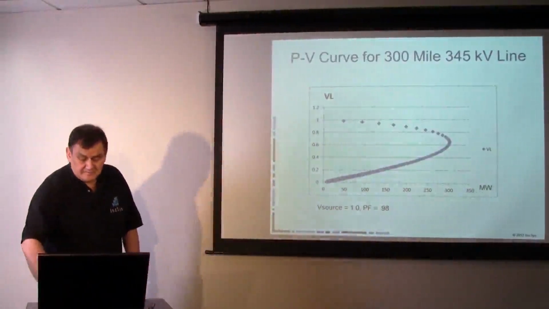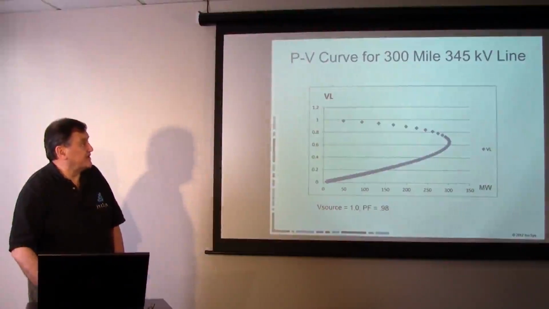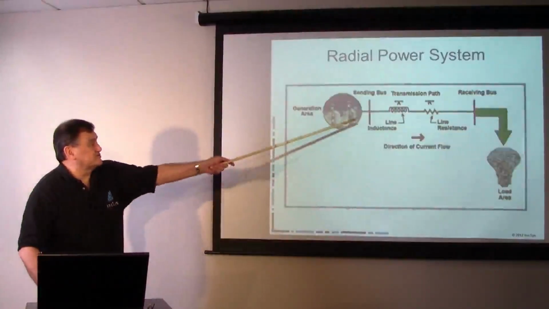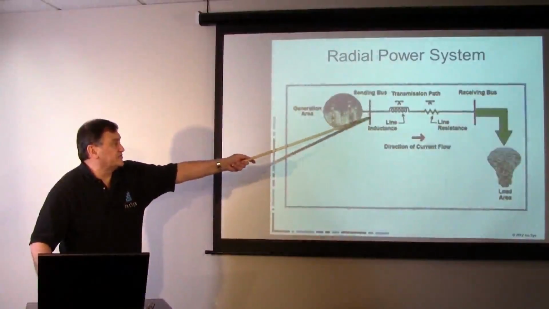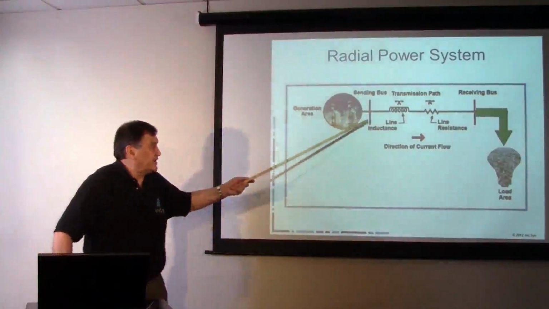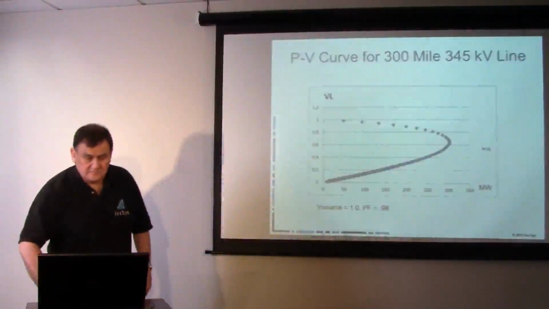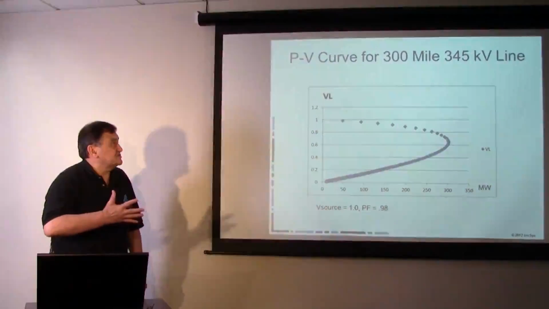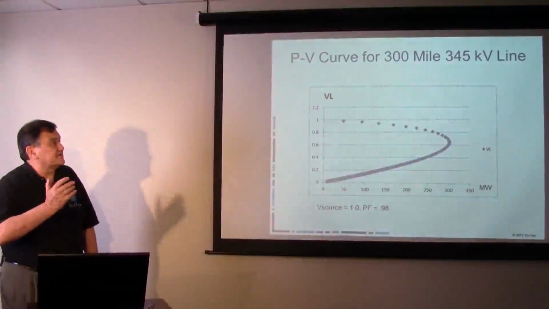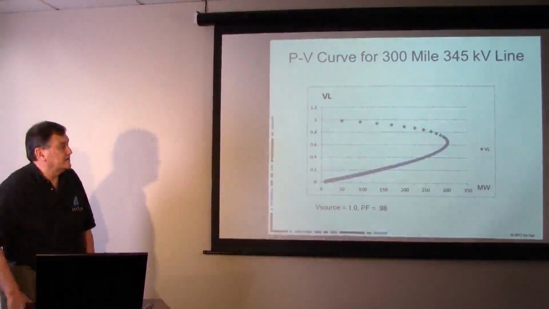If we plot the voltage at the load end, we're assuming we're holding close to, say, 1.05 voltage here, and we look at what happens as we put more and more megawatts over this line. This is a typical curve for 300 miles of 345 kV line.